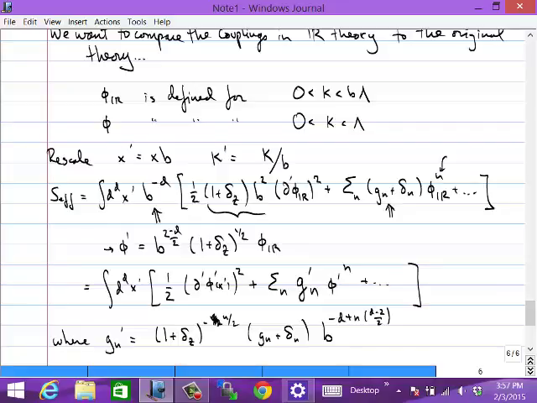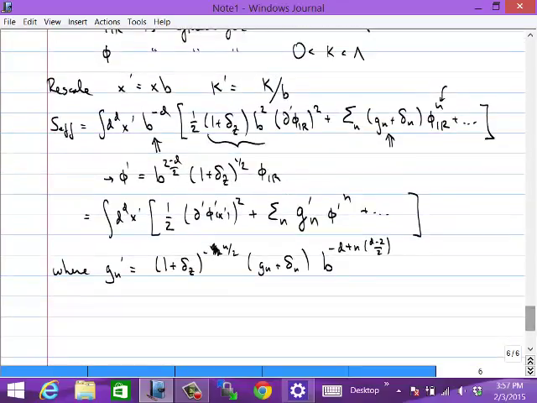And hopefully you'll recognize this from the beginning of the lecture. What is that? That's B to the minus dimension of the coupling constant Gn. So what does this mean? It's worth stepping back and taking a look at what we're doing here.